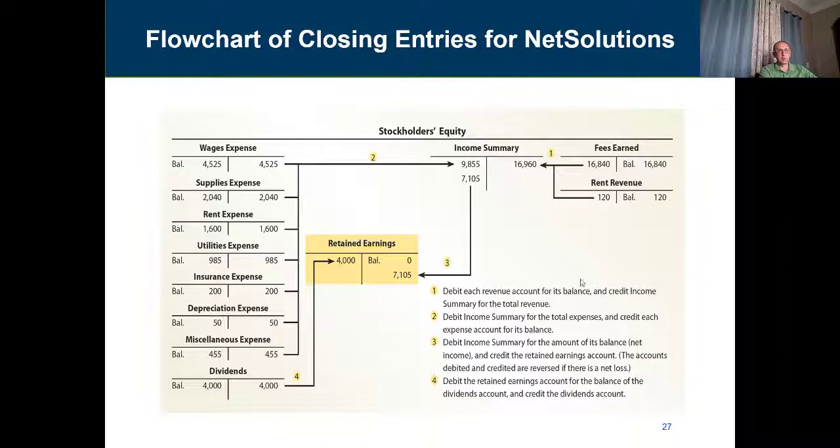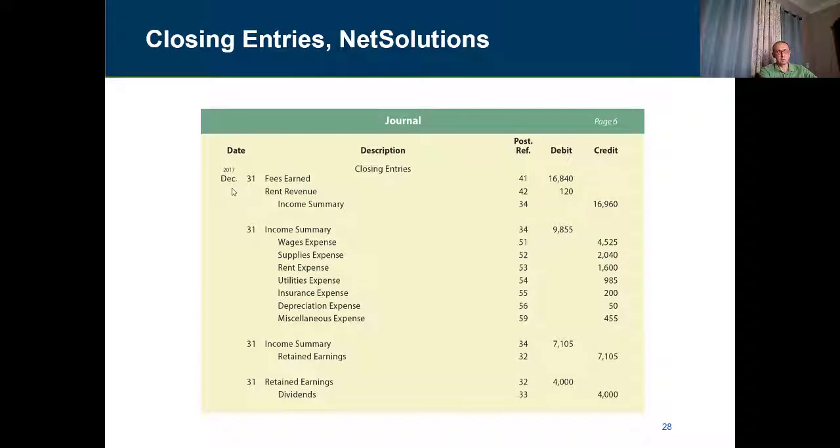So in step number 1 here, you can see that all the revenues, which is fees earned, we close on the debit side. Normally it has a credit balance, so we put an equal balance on the debit side. And then we record the exact same value on the credit side of this new account called income summary. So let me show you here.